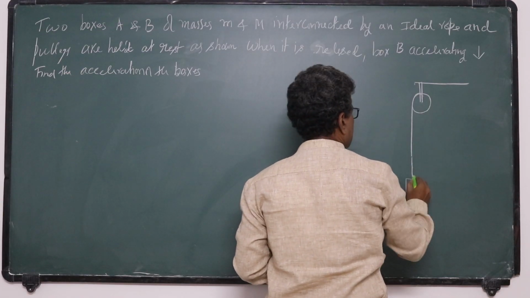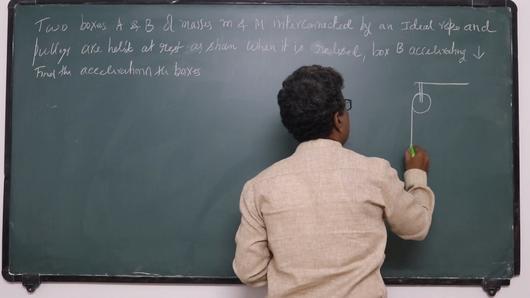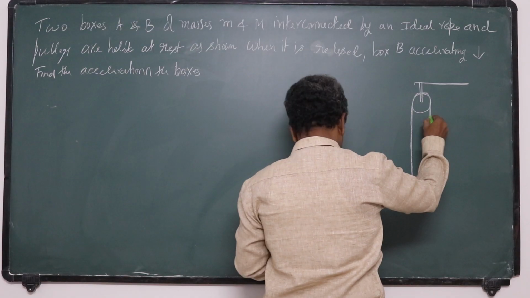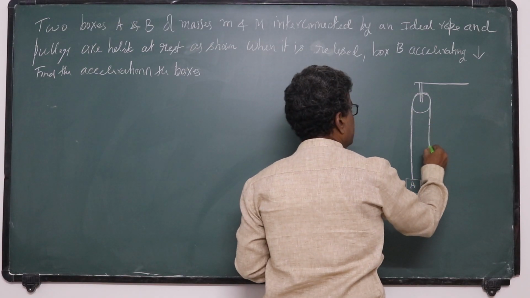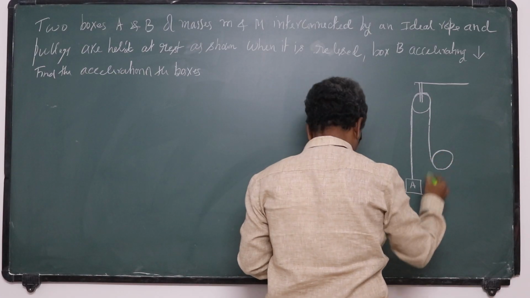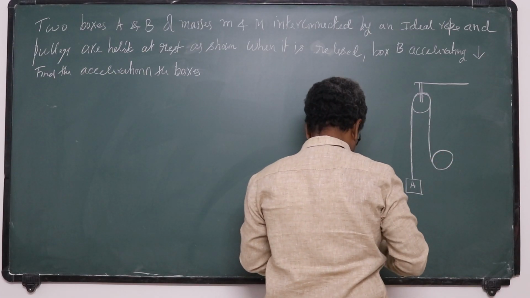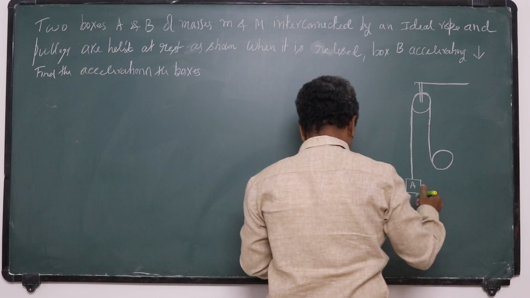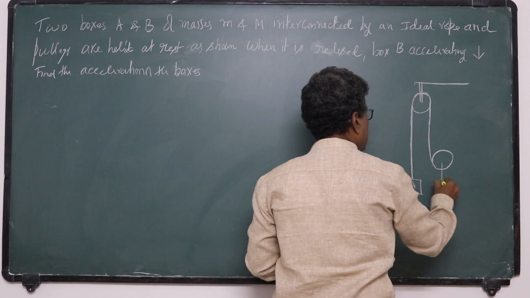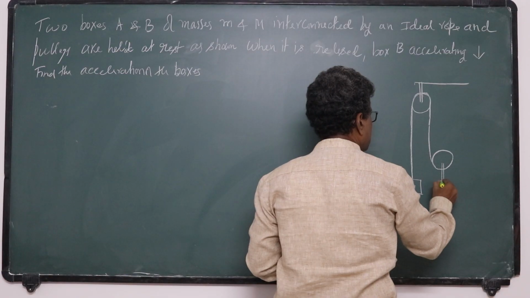and box A is connected to an ideal rope that is passed over an ideal pulley, and that in turn connected to another pulley. Okay, this is another pulley, and this is mobile pulley, and another box B is connected to that.